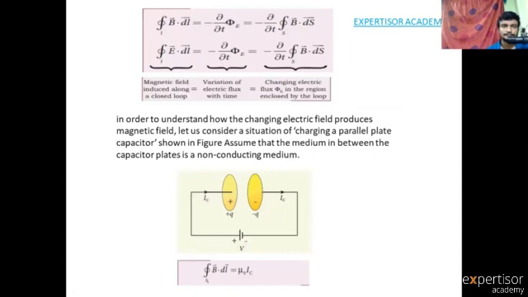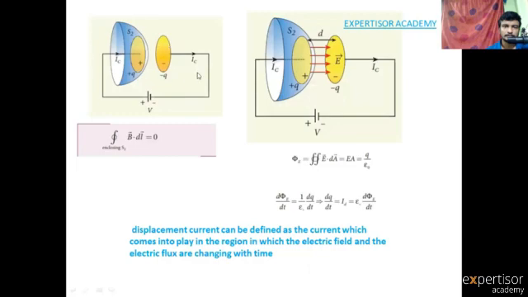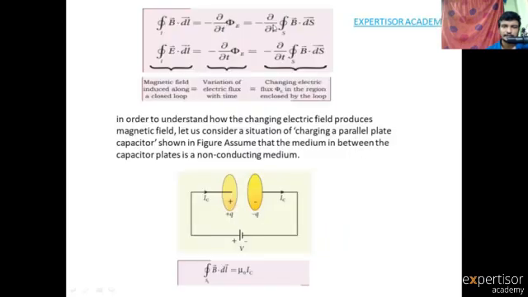So here the magnetic field is equal to the change in electric flux. This one gives the magnetic field.